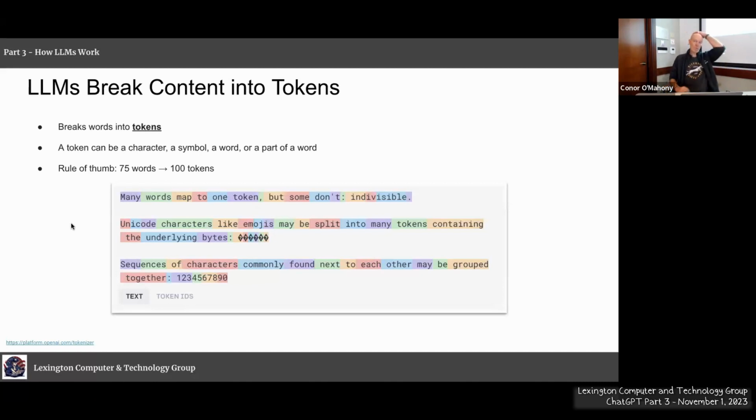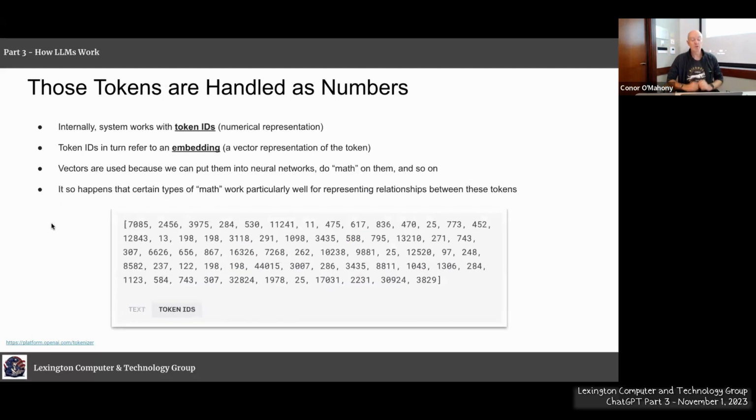So we've got these words. They're converted into tokens. Those tokens are in turn converted into token identifiers, basically a number that represents that token. Now that token identifier essentially just points at something else called an embedding.